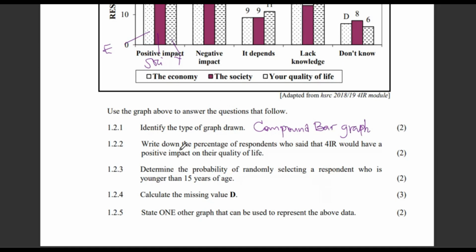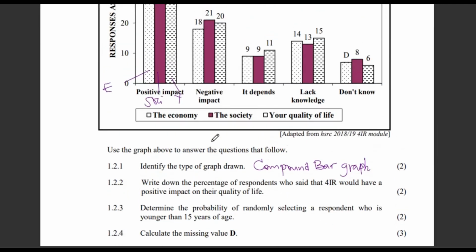Write down the percentage of respondents who said that the 4IR would have a positive impact on their quality of life. Positive impact, then we are looking at quality of life, which is the last bar. They're asking for the percentage response.